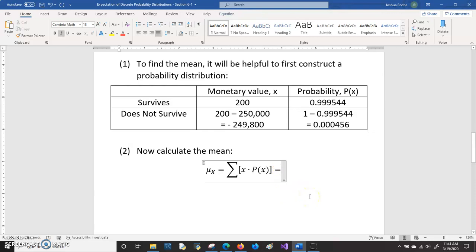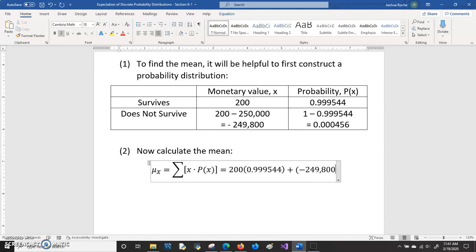That was the whole purpose of making that table. The mean can be found by multiplying every x value times its probability. So the first x value is 200, times its probability of 0.999544, and then plus. The next x value is negative, so it's plus negative 249,800 times its probability of 0.000456.